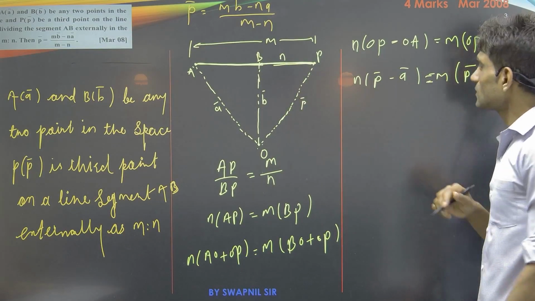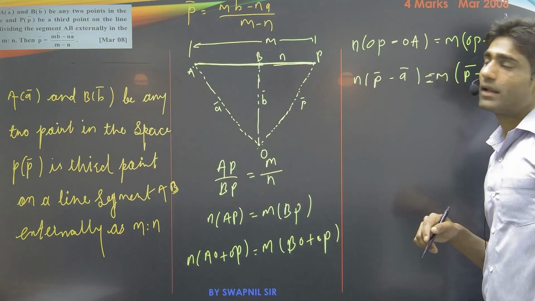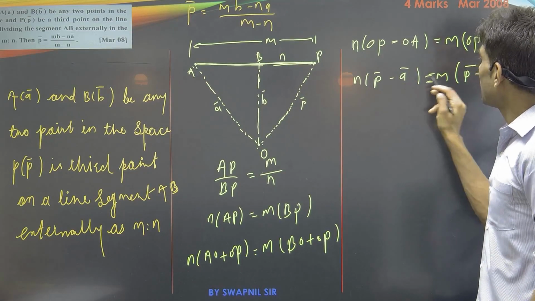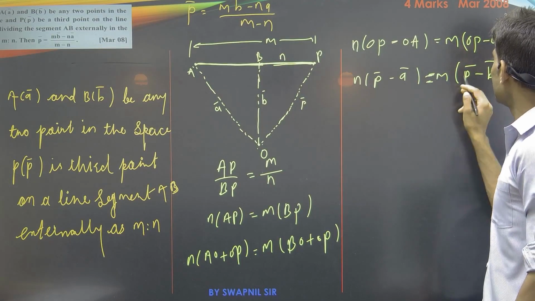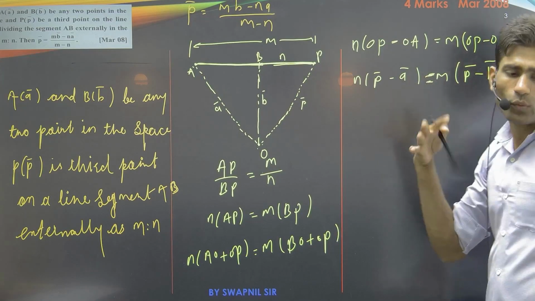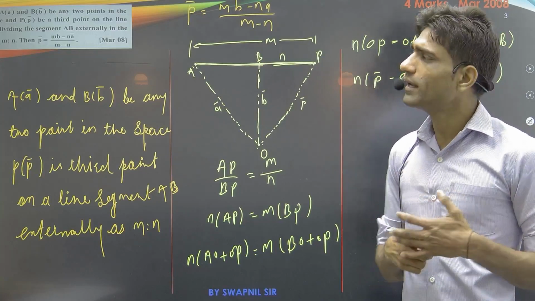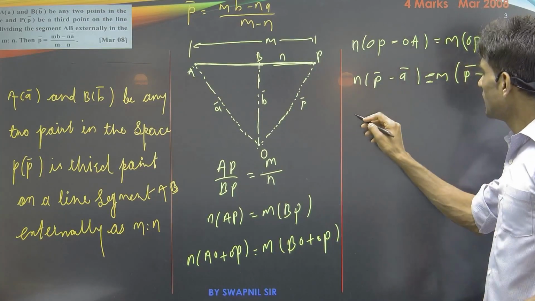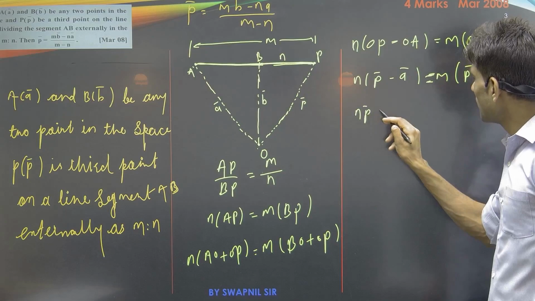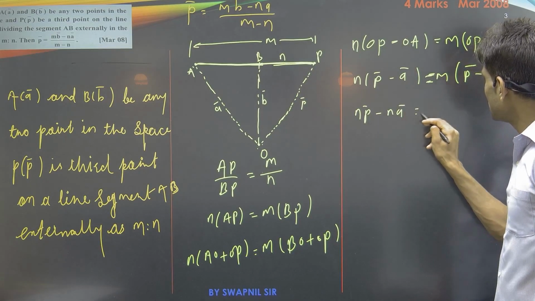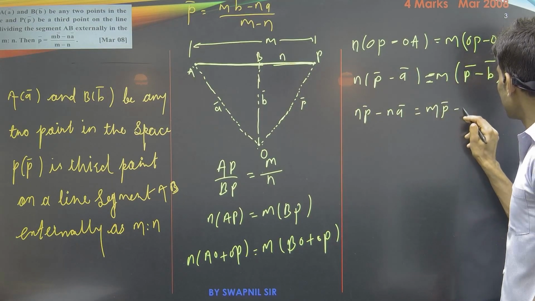This is our required value. N times P bar minus A bar equals M times P bar minus B bar. Now just multiply the terms under bracket. So N into P bar minus N into A bar equals M into P bar minus M into B bar.